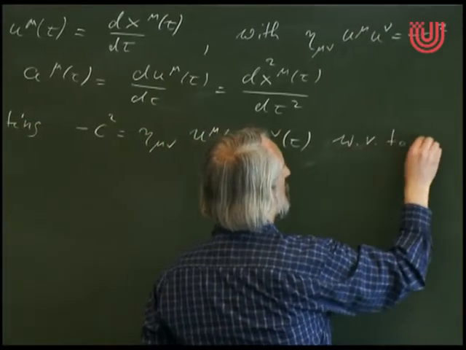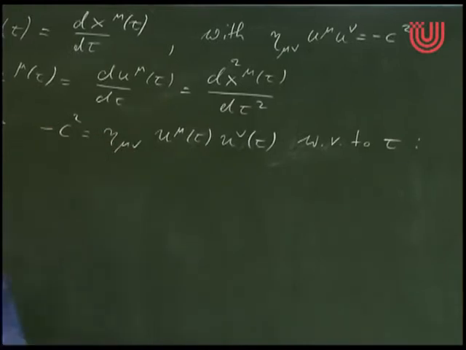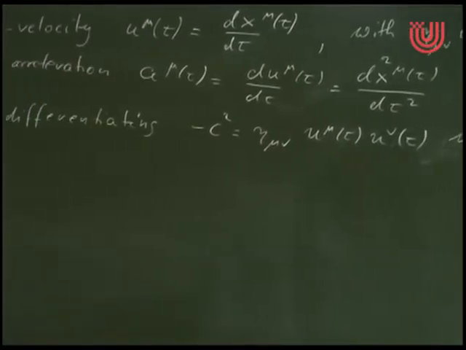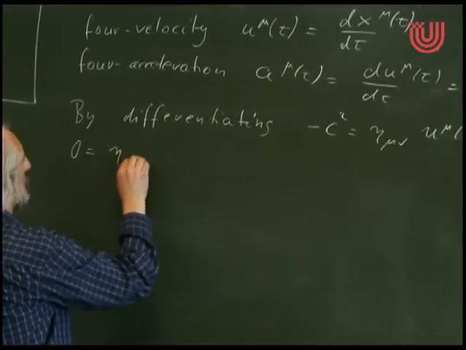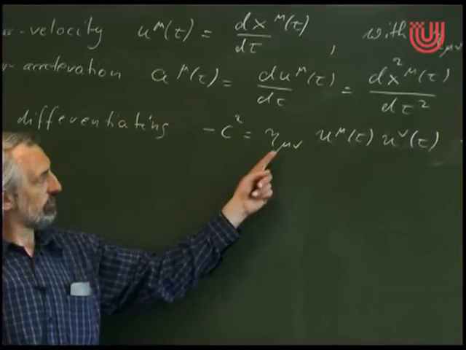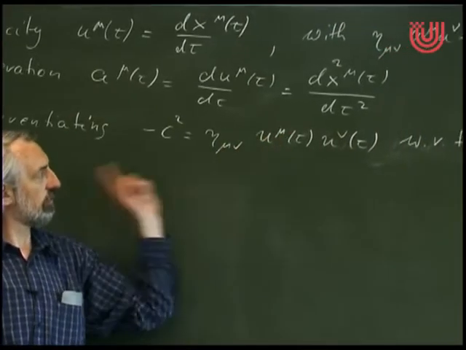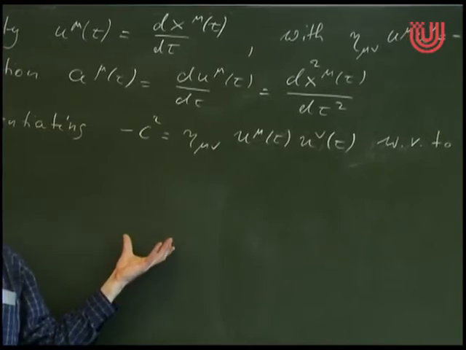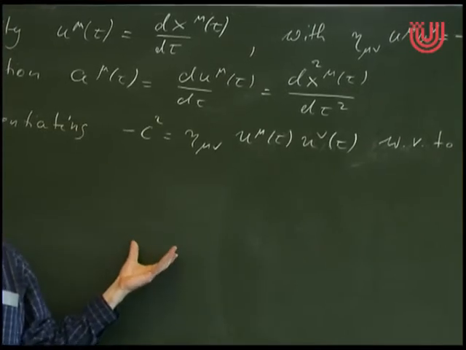With respect to tau, we find the following. On the left-hand side, obviously, we get a 0. And we do it quite slowly. Remember, there's a summation tacitly involved, right? Summation over mu, summation over nu. So what I do is I differentiate the sum term by term. But of course I can do this because of linearity.